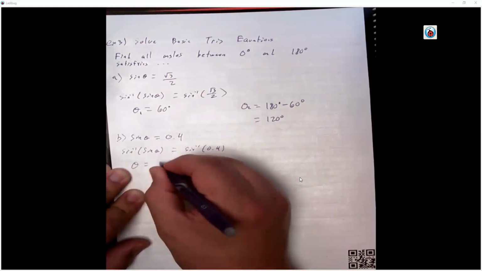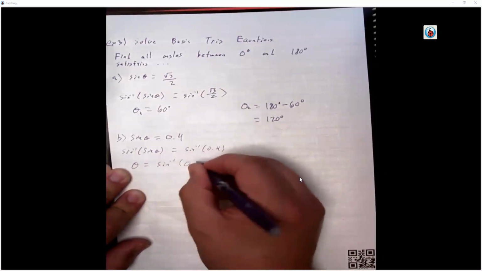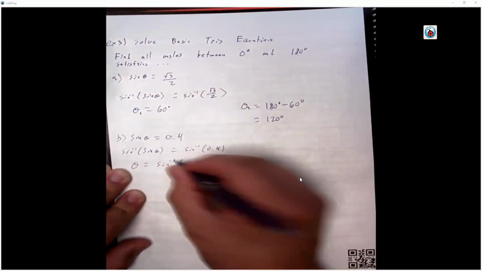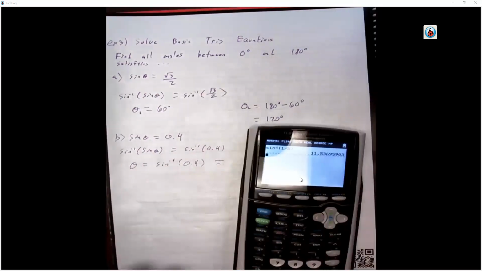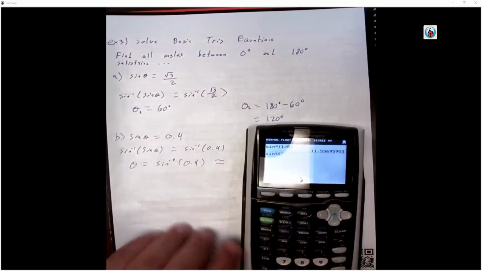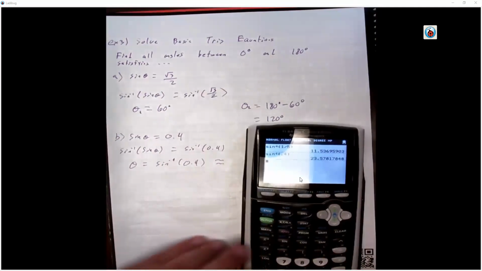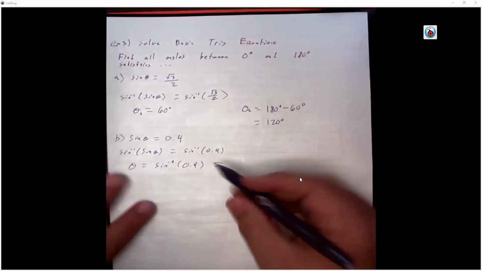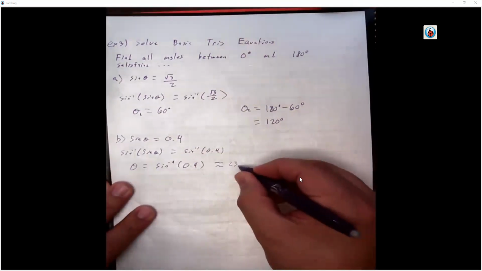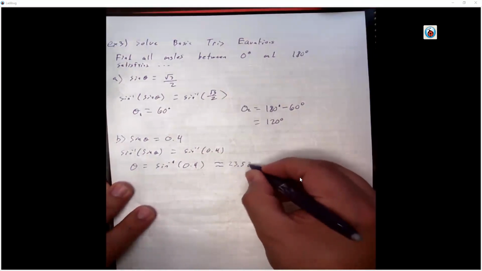Theta will equal sine inverse of 0.4, which is approximately 23.58 degrees. So we'll call theta 1 equal to this.